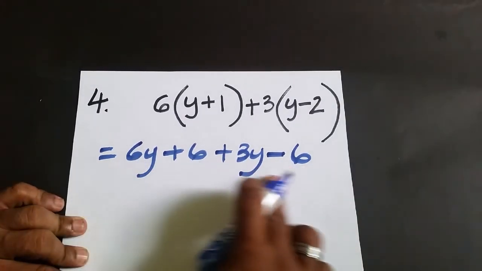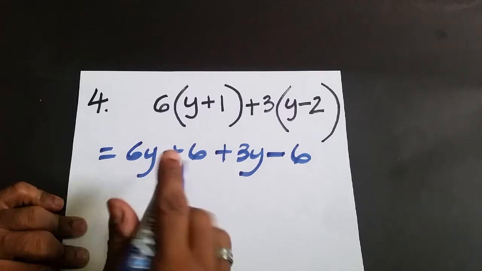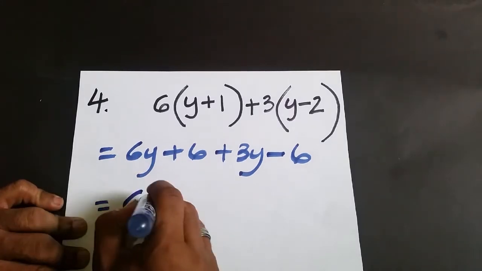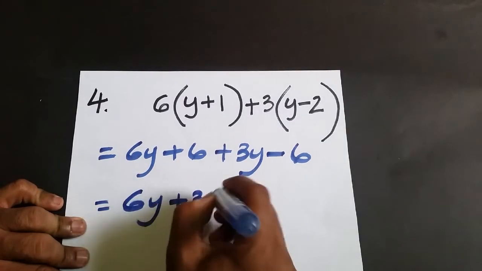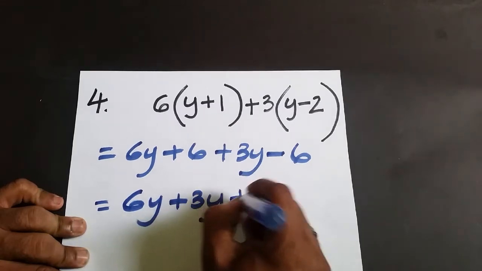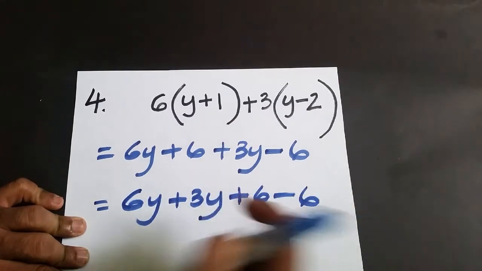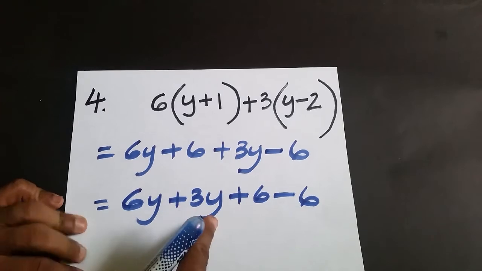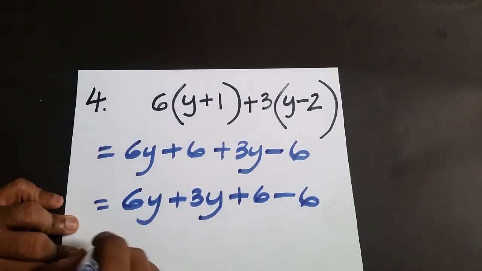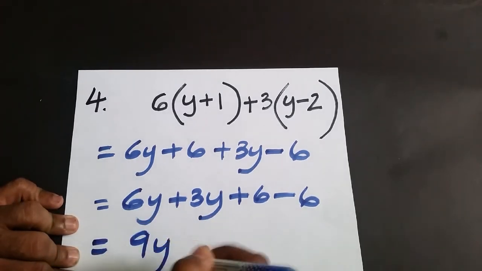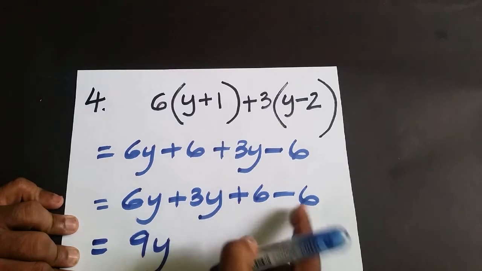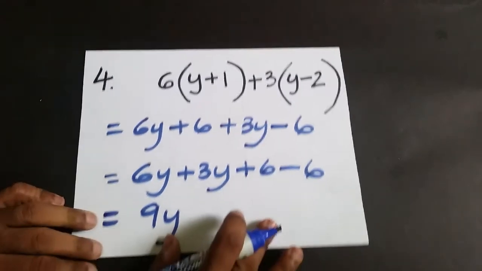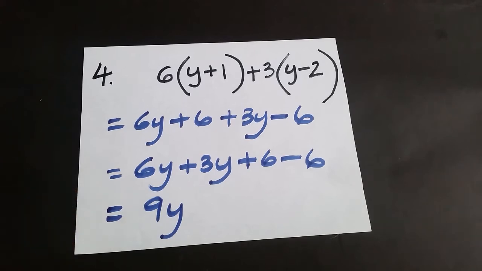We simply need to look to see if we can now simplify by grouping like terms. So 6y plus 3y together, because those are like terms, and plus 6 minus 6. Now 6y plus 3y gives us 9y, and positive 6 minus 6, well, that's just 0, so we end with 9y.